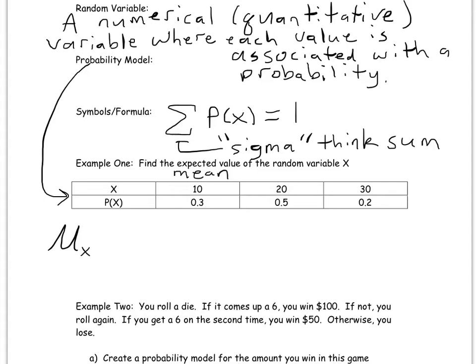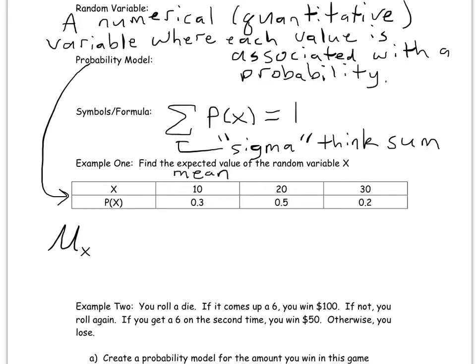The capital mu, that just means that we're looking for the mean, or the average, or the expected value. All those things mean the same thing. So in order to do that, again, it's basically just another way of saying that we're going to compute the weighted average for our random variable x. And we've done weighted averages before when we've computed our grades and things like that.